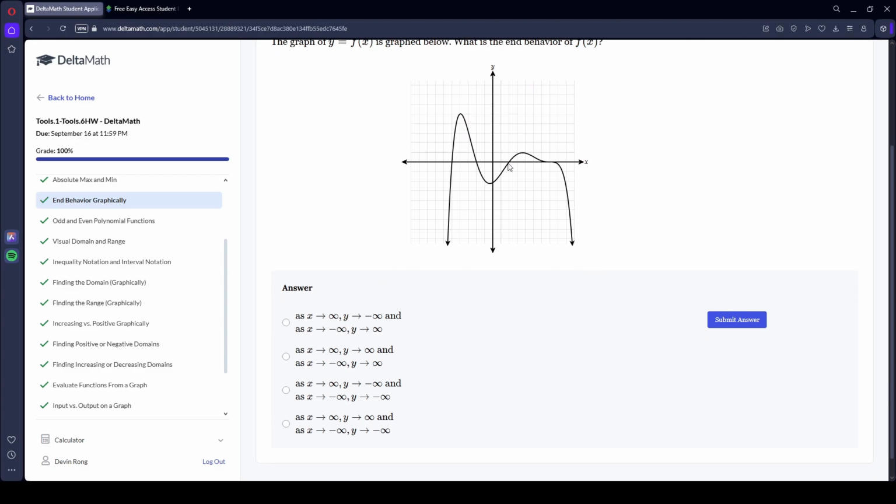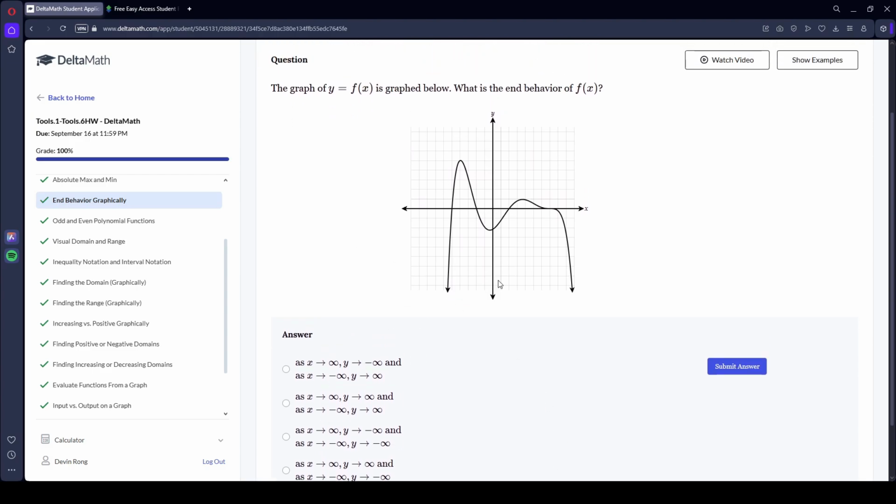Okay, and so whenever we see this, we put it in this notation. As x approaches, y approaches. But in this case, we're gonna just be talking about x approaching infinity and negative infinity. Now let's see what is the end behavior of f of x.